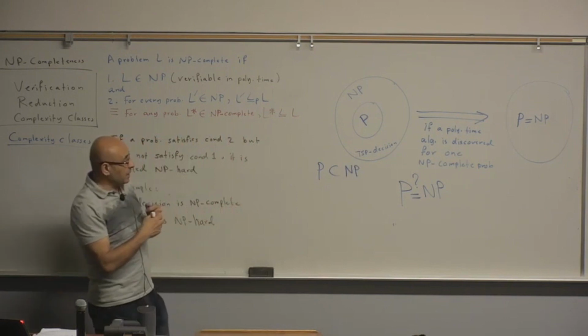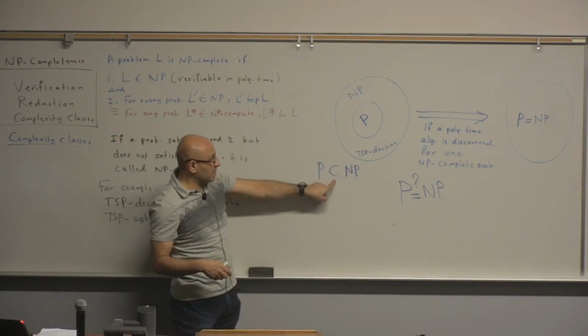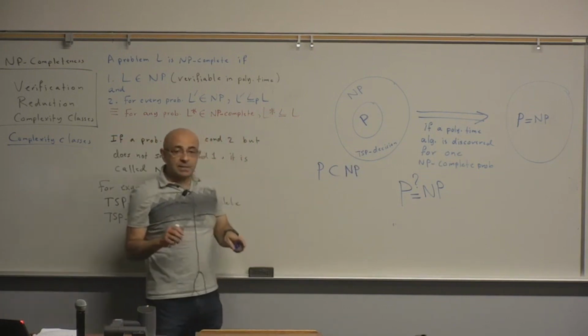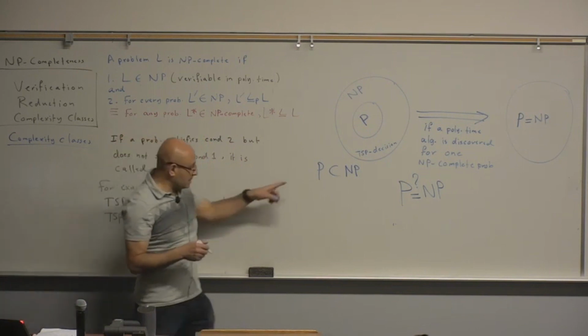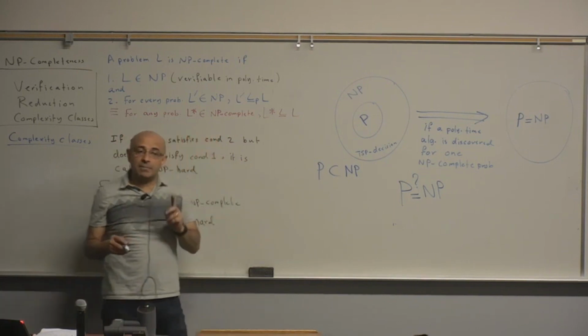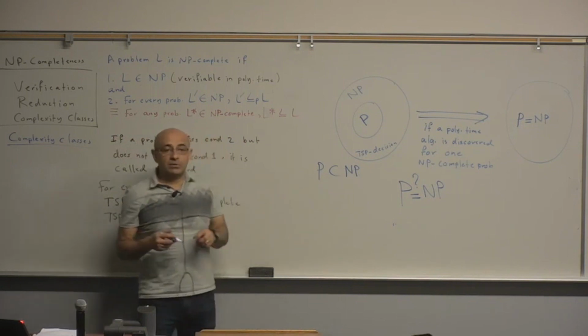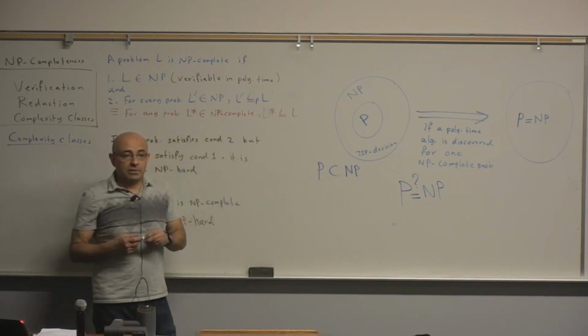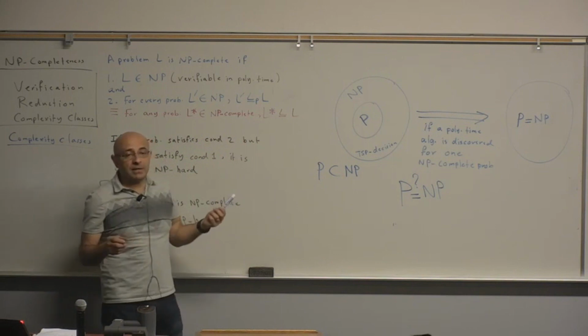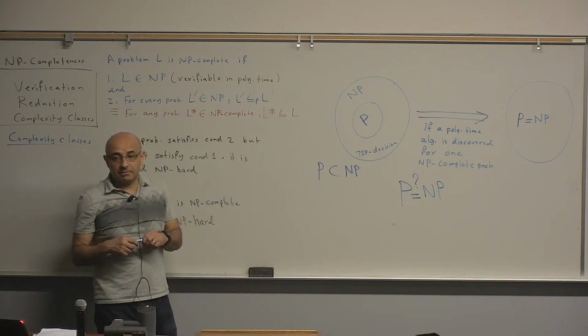So most people think that P is a proper subset of NP, meaning it's indeed a subset and there is at least one element that belongs to NP but does not belong to P. Or NP minus P is non-empty.